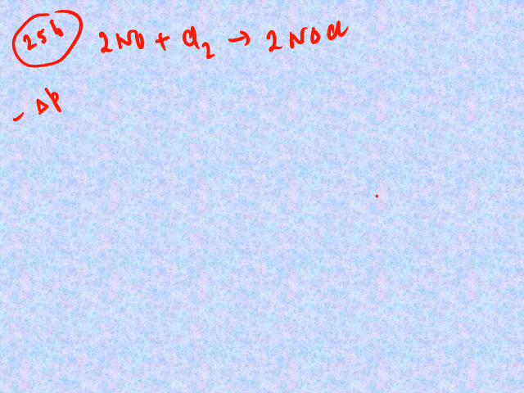So change in pressure, that's what they're telling you. Change in pressure per unit time for NO equals, they gave you the value, 56 torr per minute.